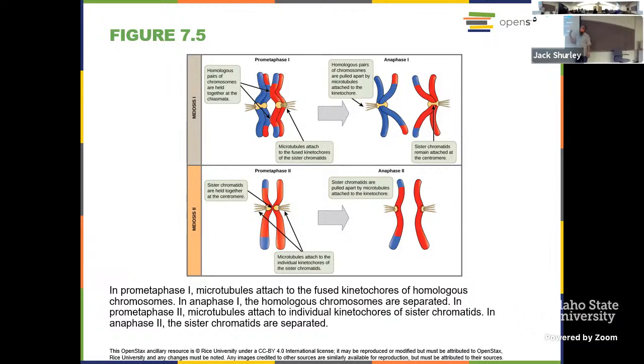The next round of meiosis, after we have gone through all of the phases of 1, is basically the same idea as mitosis, separating out these sister chromatids into separate cells, right? We've already cut it in half because we went from 2 copies, reds and blues, to just 1 of each, right? The reds or the blues, either way, all right?